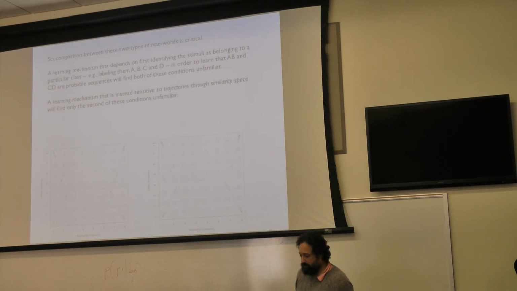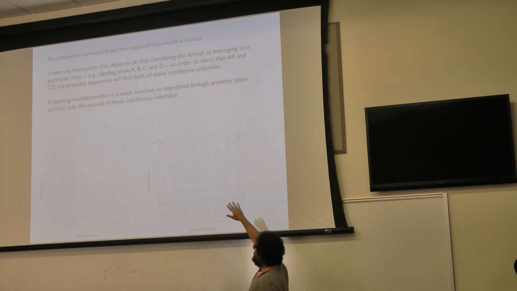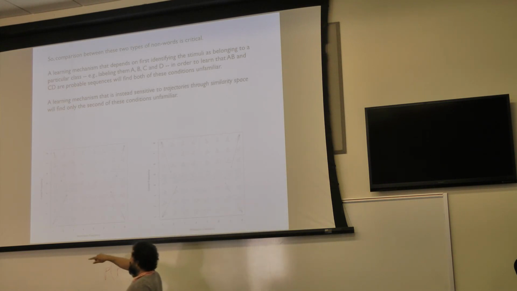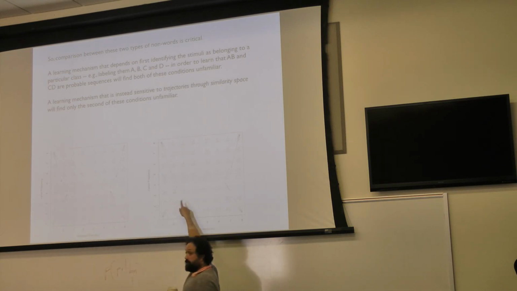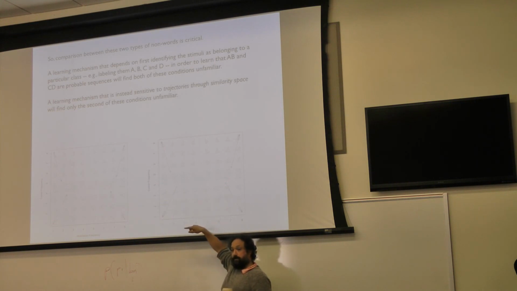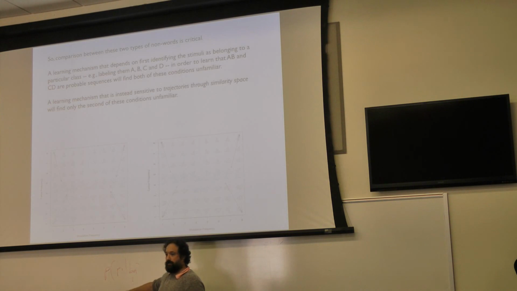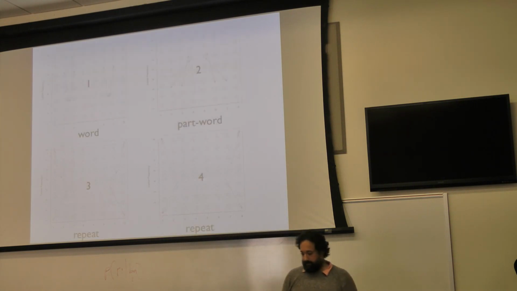Right? So I hope you can see that a comparison between these two kinds of non-words is critical. As I just described, this is a legal direction that you can take, this is a legal direction that you can take, these are going in the wrong way. But if you collapse over this whole quadrant, they're equivalent categories. So what happens?